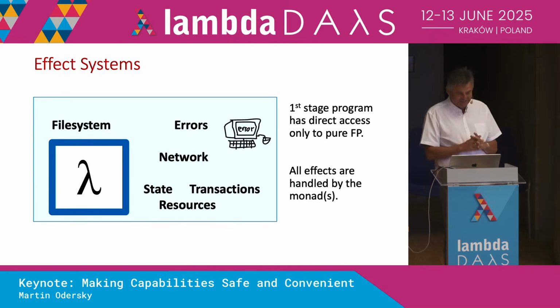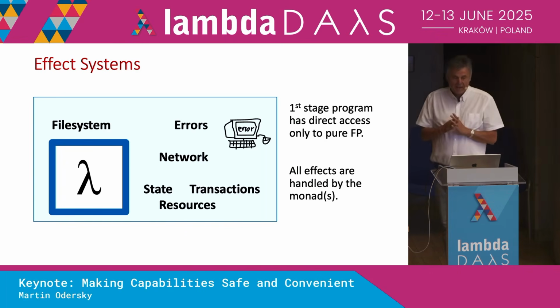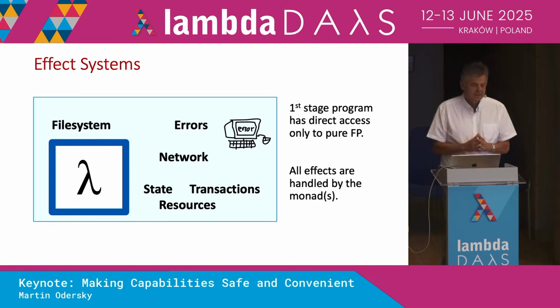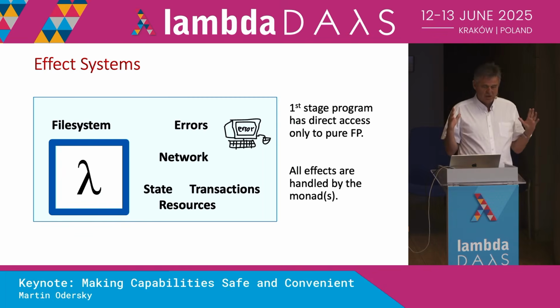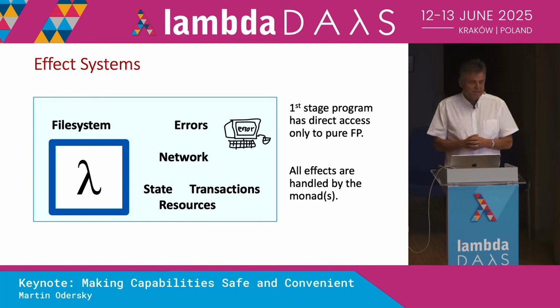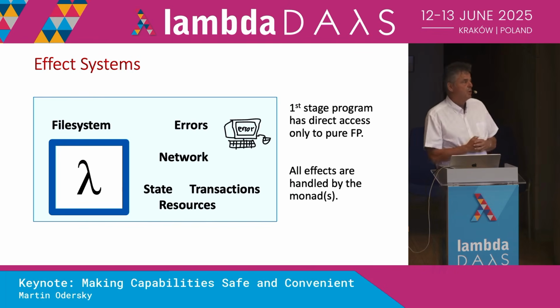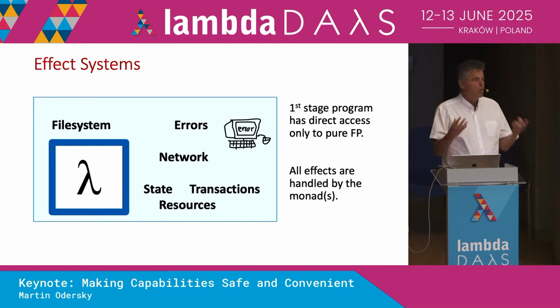So the idea of an effect system is to say, well, let's pretend all you can do is in this white box where the lambda is. And you say, well, that's a purely functional language, and machines can do more. They can do error handling, they can do network communication, they have state, they have transactions, they have all sorts of other resources. But the machines, you can get at them only by constructing a program that interacts with the machine. So it's a staged architecture.